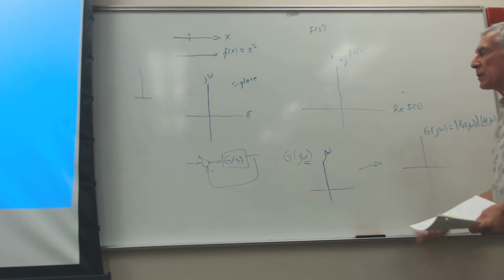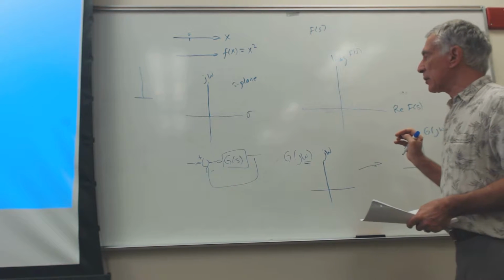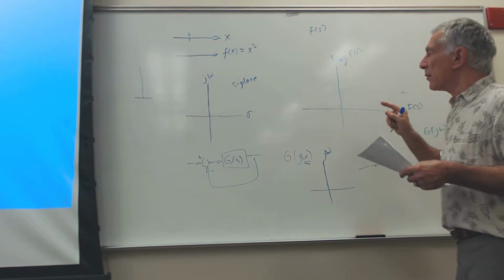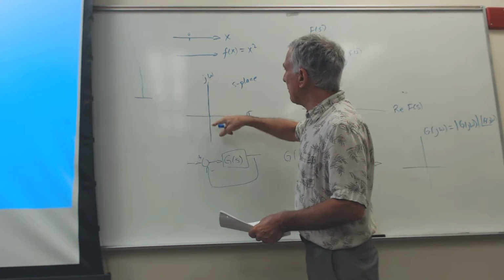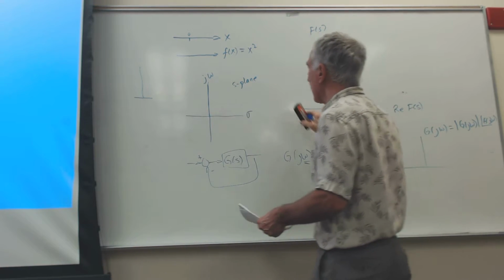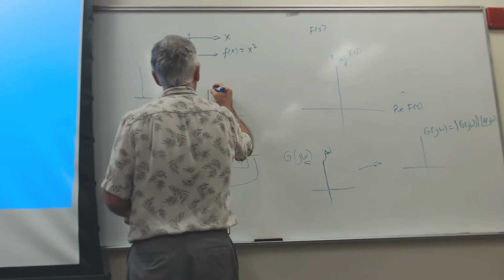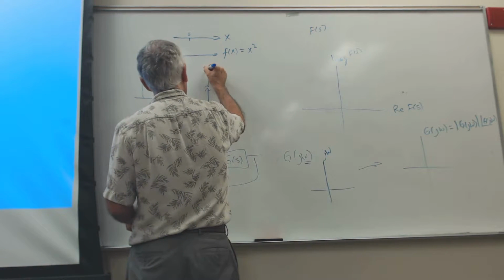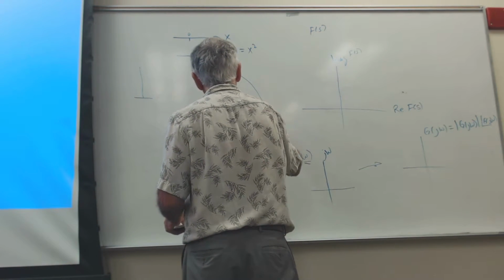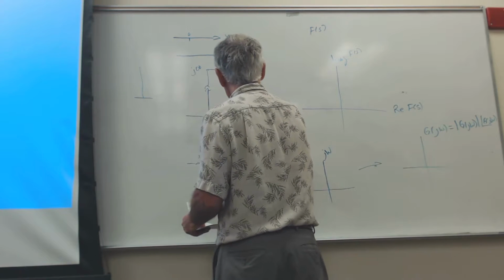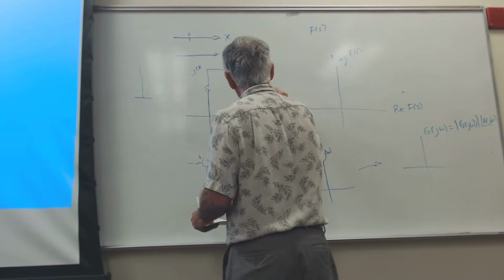If we're considering closed loop system stability, right, we want to determine the stability of this closed loop system here, then the path in the S plane is not only along the j omega axis, but it goes up to j infinity and encloses the whole right half plane, right? So you could break the axis here. This would be infinity, right?